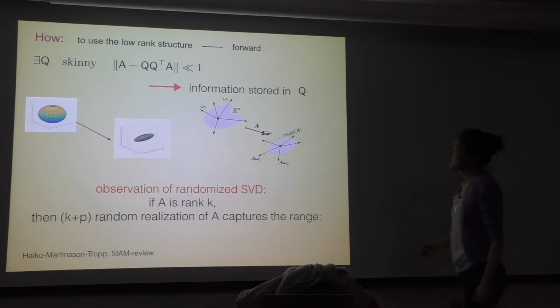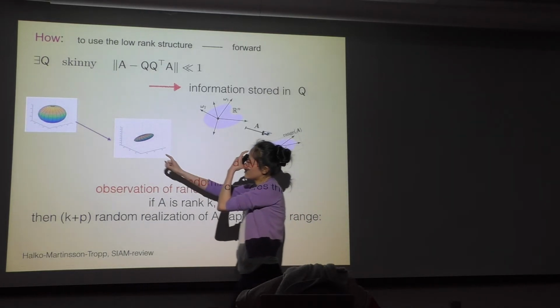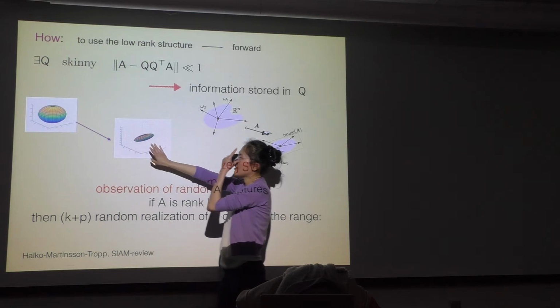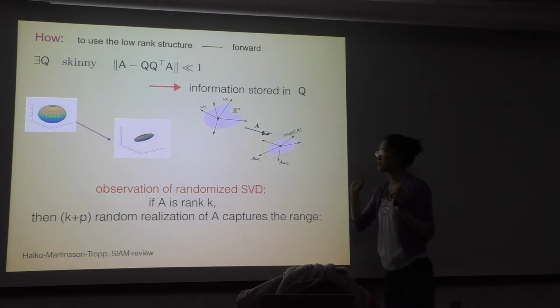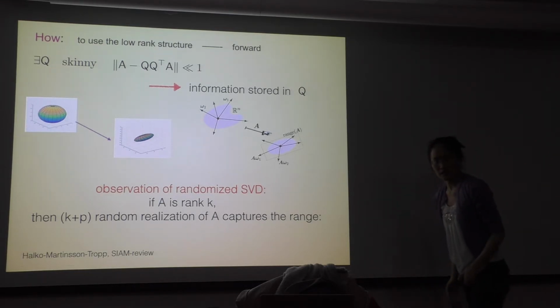So in some sense, if your matrix is rank K, for example, if this ellipsoid roughly has 5 directions that get stretched, then you only give me 5 random vectors. I apply my matrix on these 5 vectors. The solution already generates the entire range of the matrix.